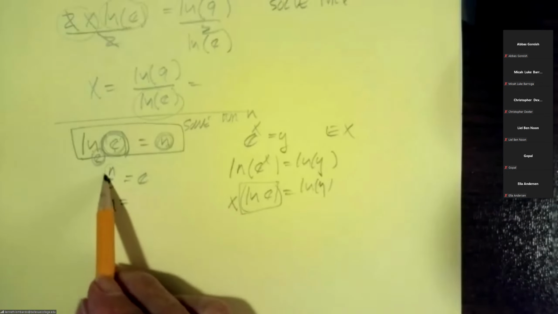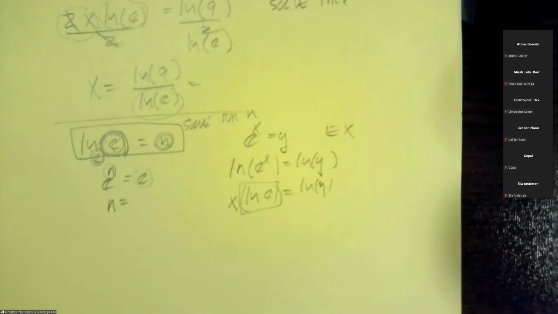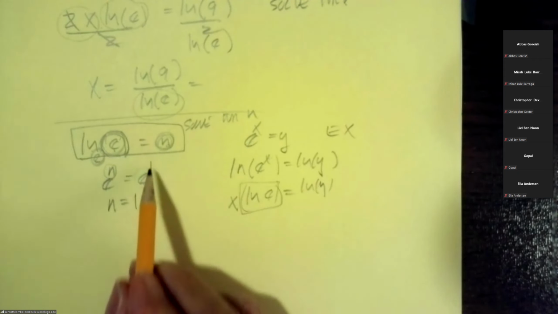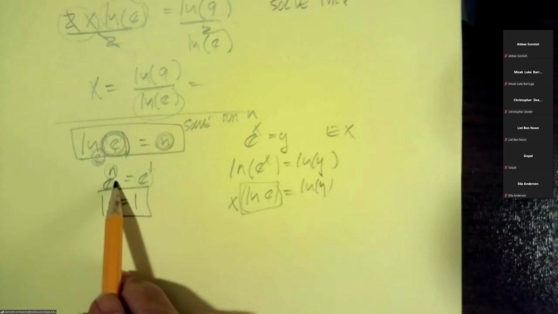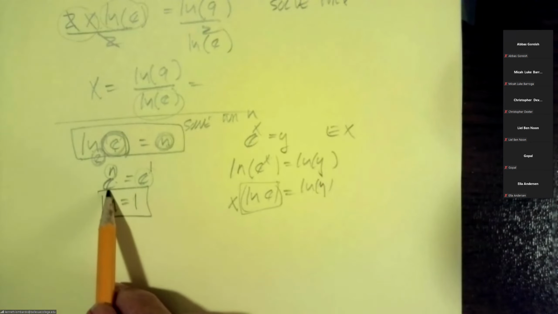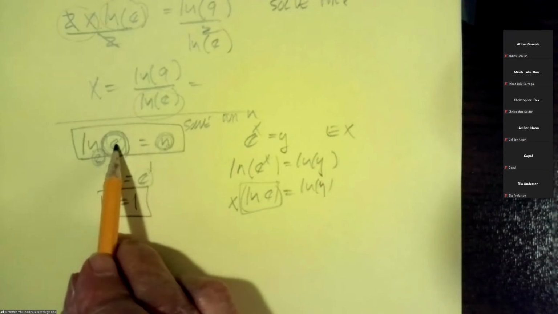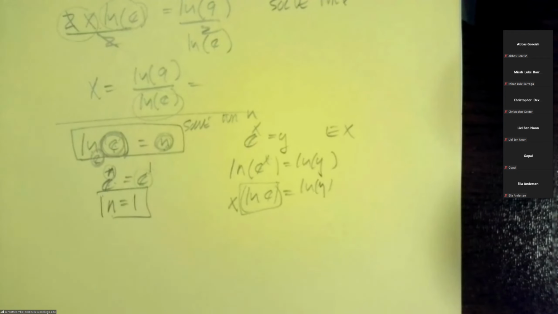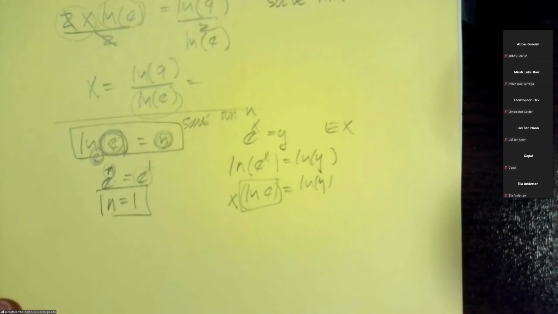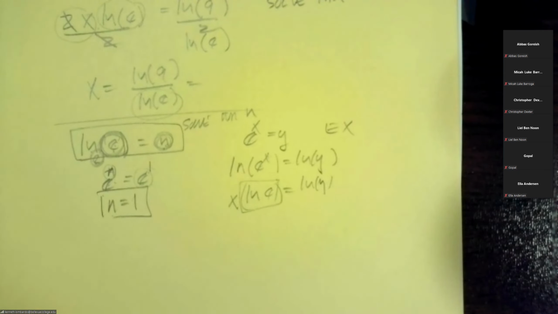So e to what number equals e? 1. Correct. So e to the 1, therefore n is equal to 1. e to the 1 equals e. That's all we're trying to show there. Does that answer your question? I think so. Thank you.